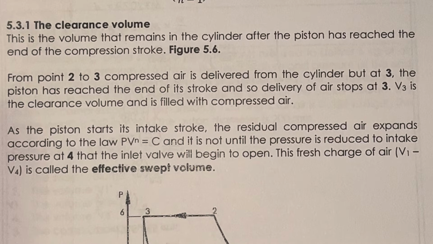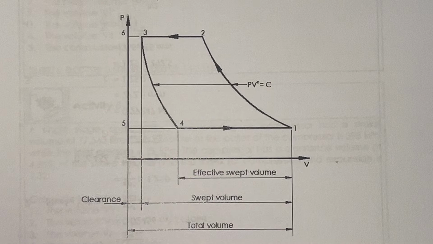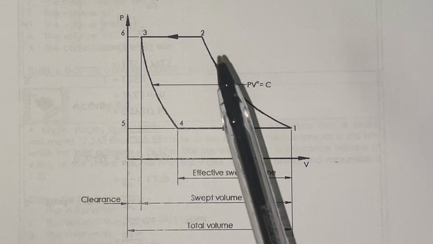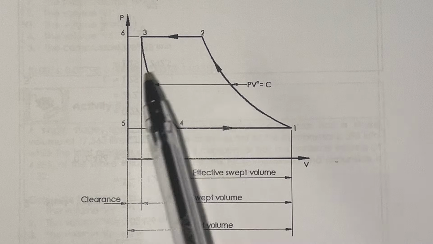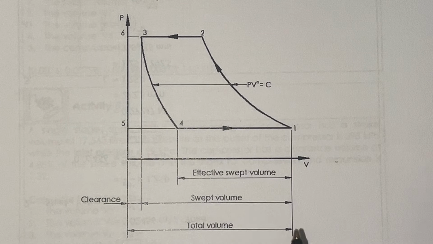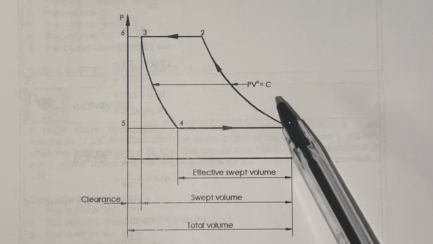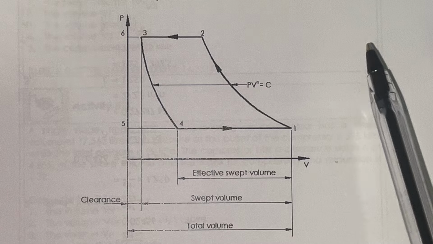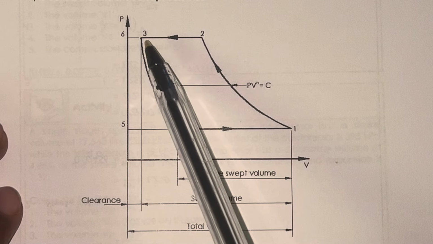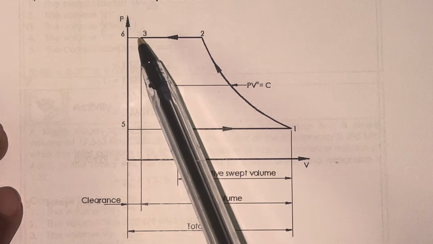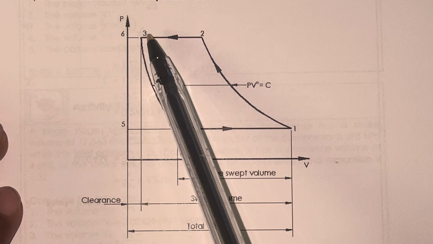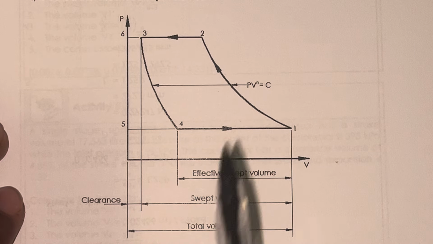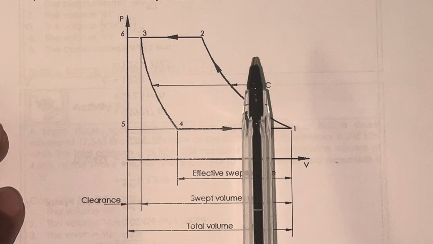Let's quickly refer to this graph. Right over here we have a graph, otherwise referred to as a PV diagram, a pressure versus volume diagram. Now from point 2 to 3, compressed air is delivered from the cylinder, simply meaning the air has been compressed and now it is delivered from the cylinder.